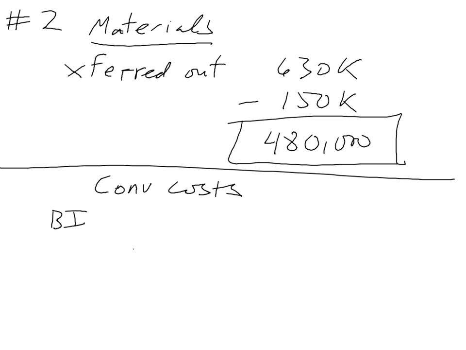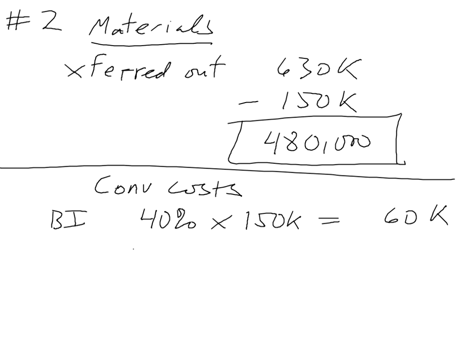So we're going to have to add in another 40% for this period. So again, 60% was complete. That was incurred in the prior period. So we're going to have to do 40% in the current period to finish it off. So 40%, we're going to multiply that by the 150,000 units in beginning inventory, and we get 60,000 equivalent units.